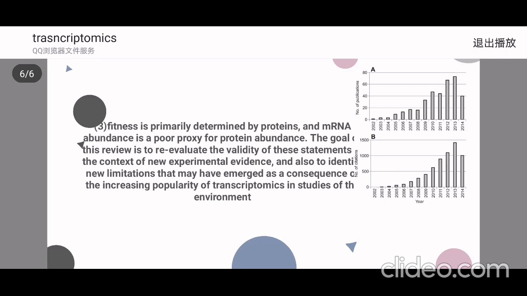In general, data collected over the last decade indicate that these criticisms remain valid today and that new issues may have also arisen. While this information does not discredit the widespread and continued use of transcriptomics within environmental physiology, it does illustrate the types of research questions that transcriptomics experiments are best suited to address.